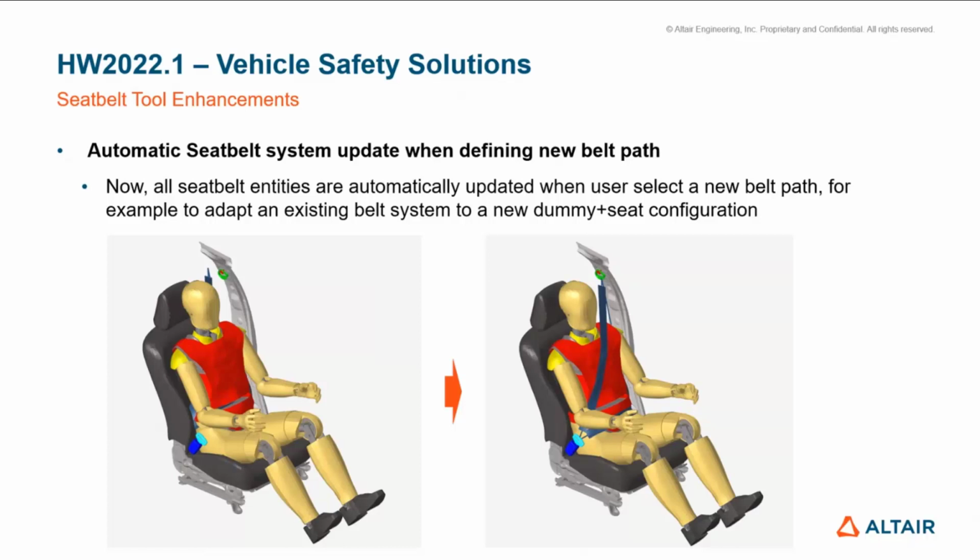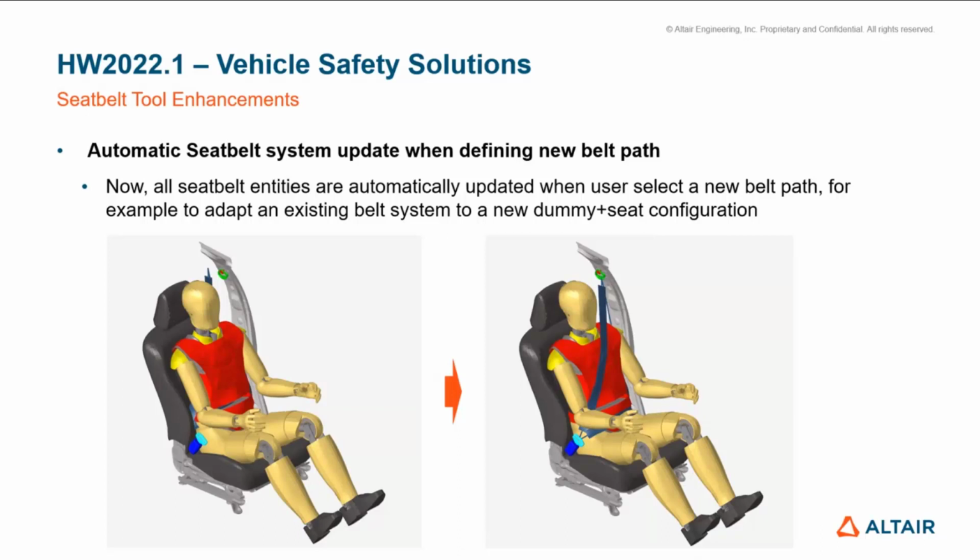This process was not really possible in the previous releases because redefining the seatbelt path didn't update the complete seatbelt system and all the entities attached to it. So the user needed at that time to redo the seatbelt pretty much from scratch manually.